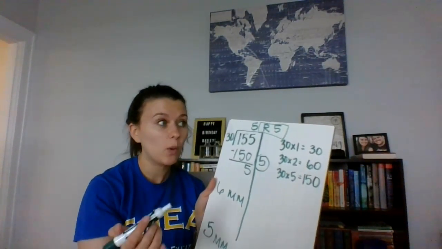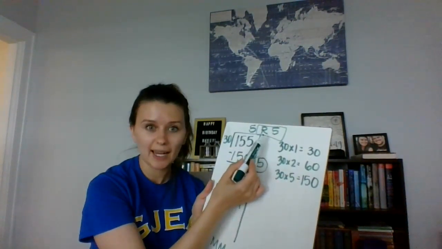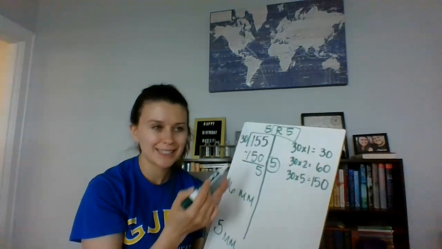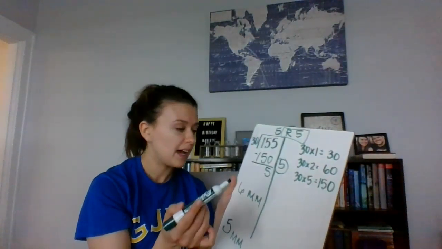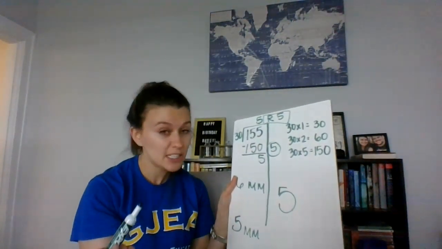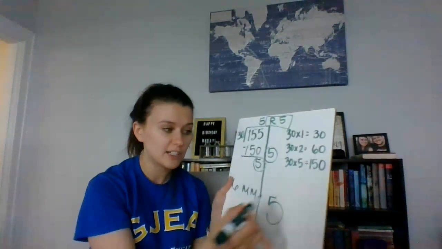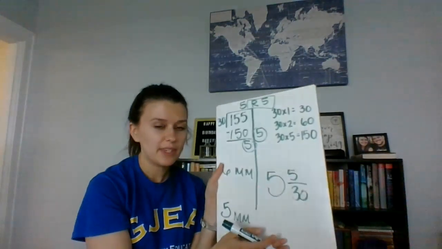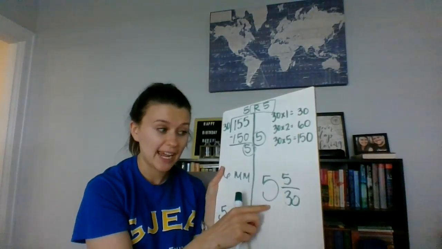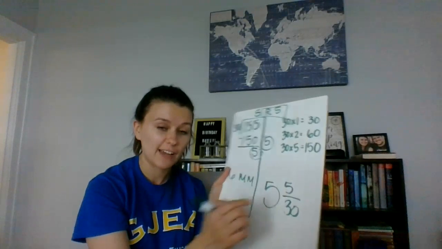Or you can try to decide, well, maybe, because again, we could look at it as a fraction, where we have 5 as our whole number. And if you think about when we're making mixed numbers, how your remainder is your numerator and your divisor is your denominator. You could also say that every single day the plant grew 5 5/30 millimeters.